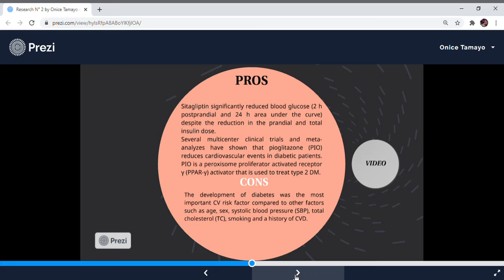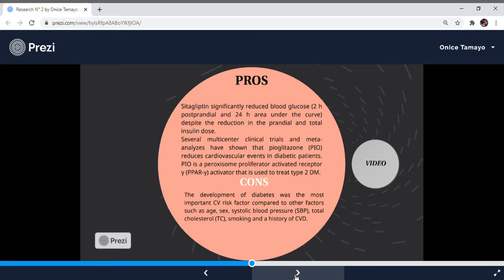Several multi-center clinical trials and meta-analyses have shown that pioglitazone reduces cardiovascular events in diabetic patients. Pioglitazone is a peroxisome proliferator-activated receptor agonist that is used to treat type 2 diabetes.